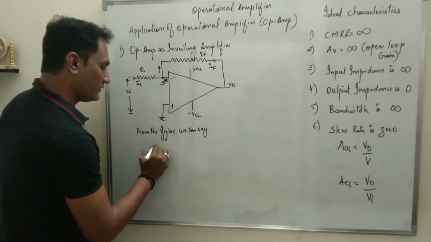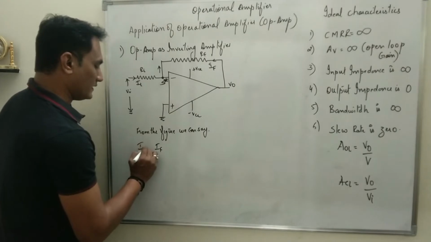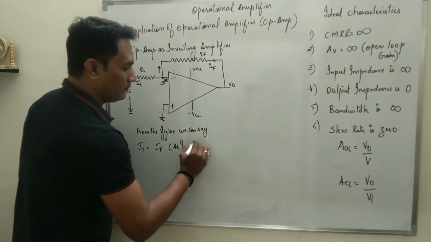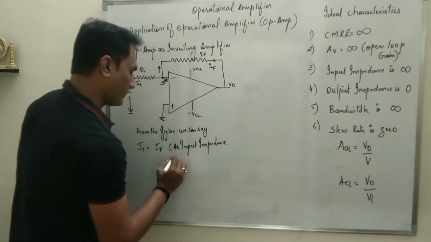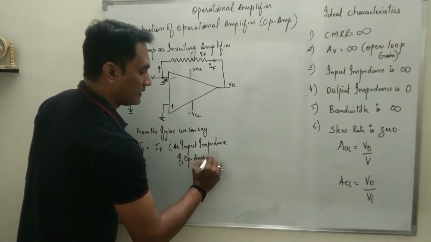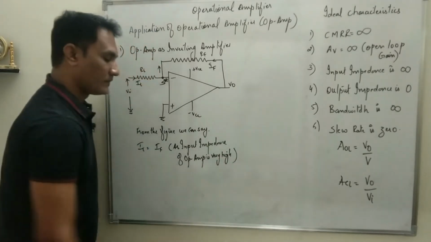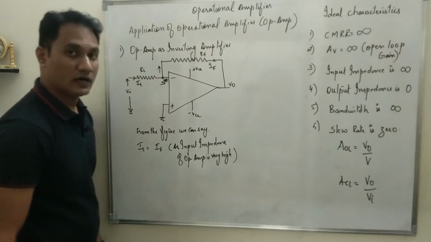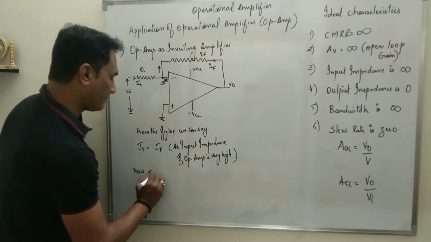So from the figure we can say II is equal to IF as input impedance of op amp is very high. Now what is II?